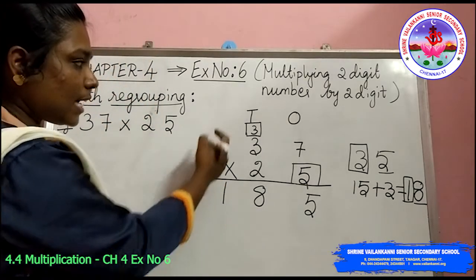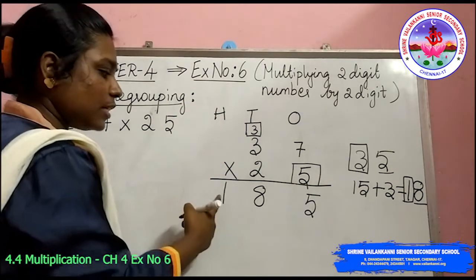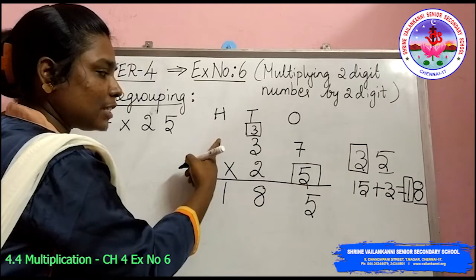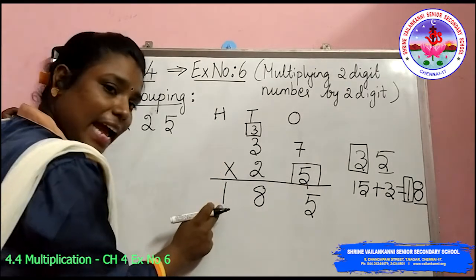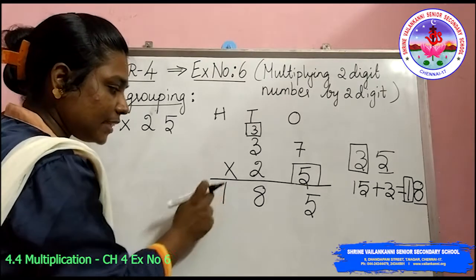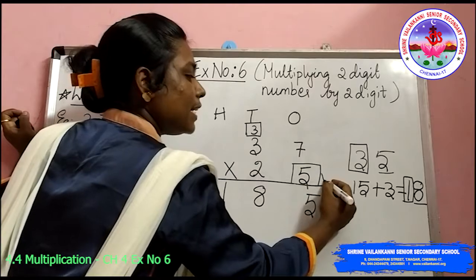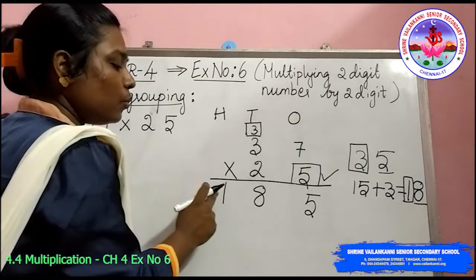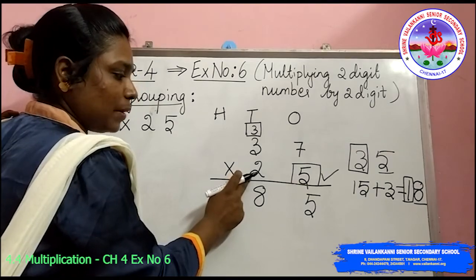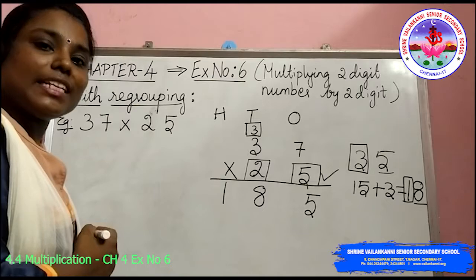That falls under the hundreds place. Since you don't have any number in the hundreds place, we are not writing it as a carry forward. We are directly writing it in the answer, and that is treated as the hundreds place. Now ones place value multiplication is over. Now we have to do multiplication with the tens place.